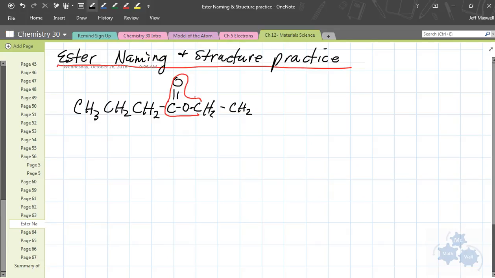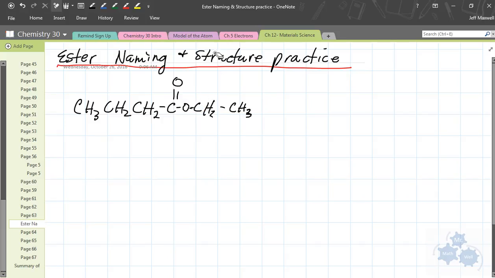Okay, there we go. So here's our group, with the O and the C. So that's an ester. Yeah, that should be a 3, thanks. I was going to go further, but 3. All right, so CH3, CH3, 1, 2, 3, 4. Okay, so we should be good here. So let's name this ester.